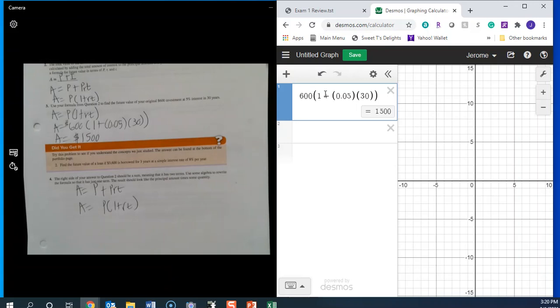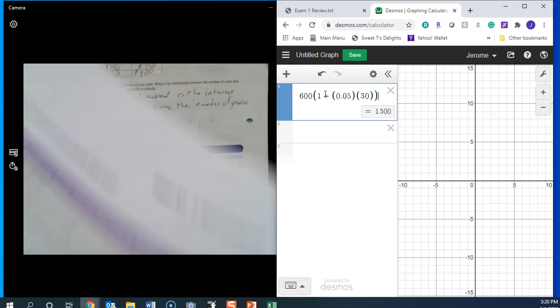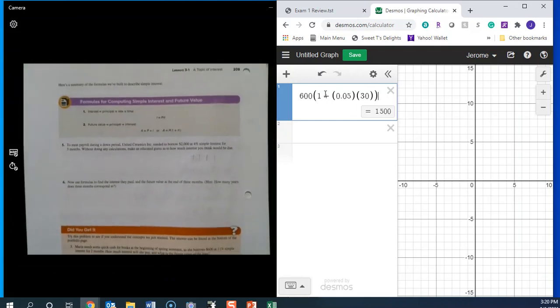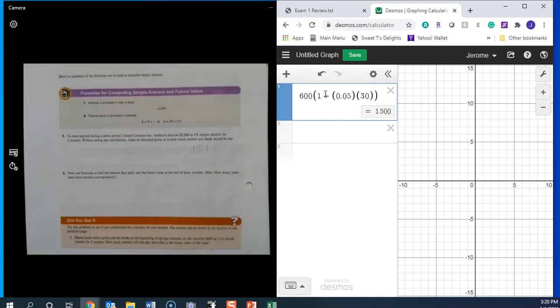All right. So now we move on here to page 209. We look here in this tan box. It says formulas for computing simple interest and future value. We already went over that.